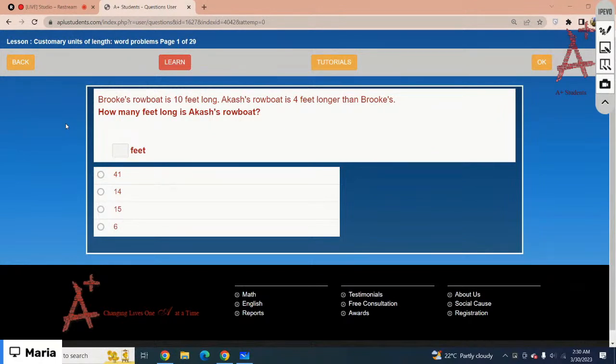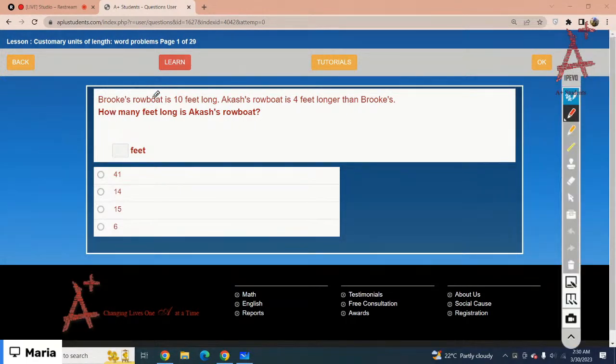Whenever it's longer, that means you need to add. So 10 and 4 feet longer means you need to do 10 plus 4. 10 plus 4 makes 14 feet. That means the length of Akash's rowboat is 14 feet. Got it? So the correct option is 14.